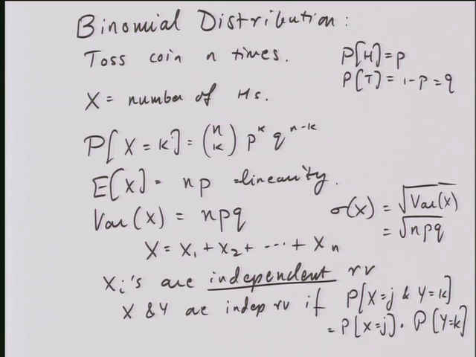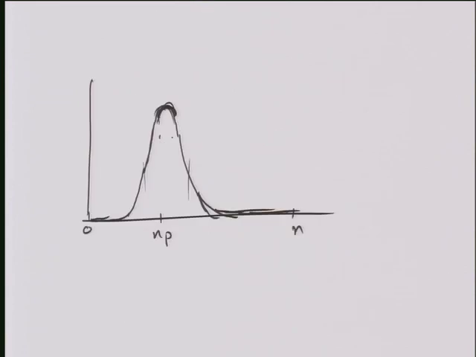There's another distribution that comes up, which actually all the three distributions we look at today correspond in some way to tossing a coin. So the second distribution is called the geometric distribution. Geometric meaning not geometry.